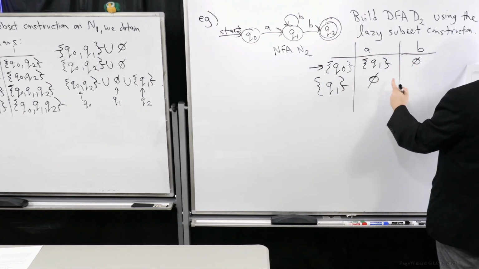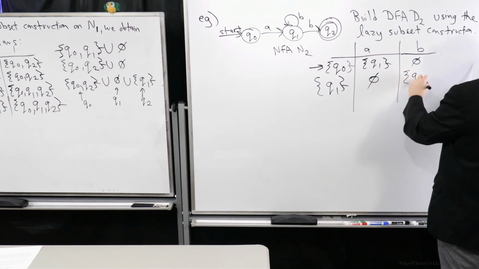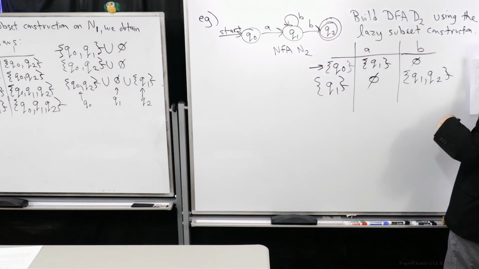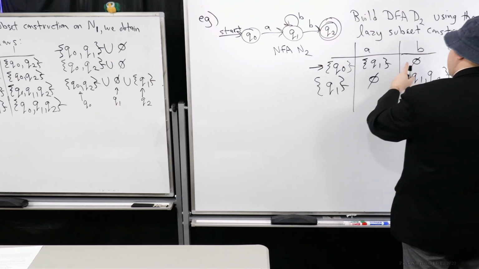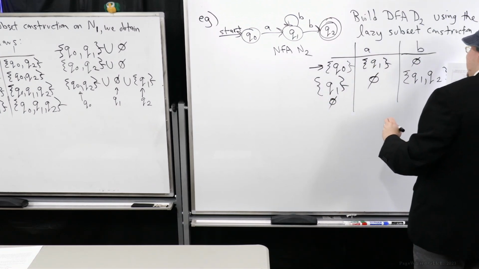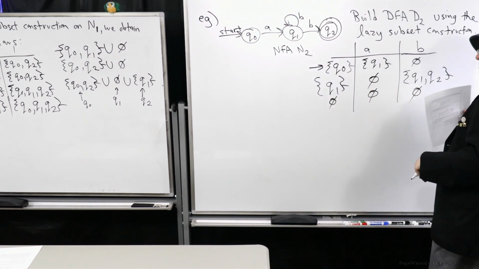We will account for that state. Then I have Q1, Q2, right? It could stay in Q1 or it could be in Q2. Next, I have the empty set. On the empty set, I don't have any states, right? I don't have any states. It's pretty much a piece of cake.